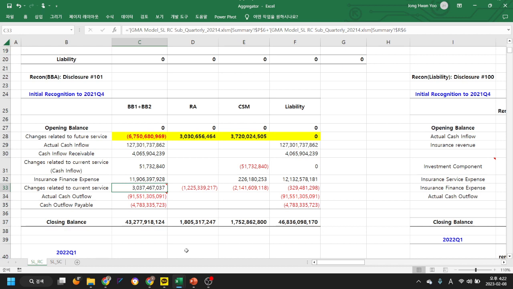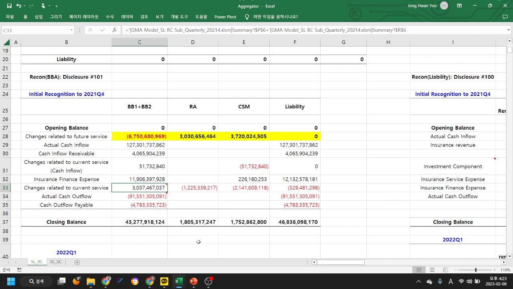And during that period, I provide the policyholder with the insurance service. I provide coverage, and out of it, maybe from the risk adjustment, I claim this amount as profit during this period. CSM gets allocated to each remaining coverage period.